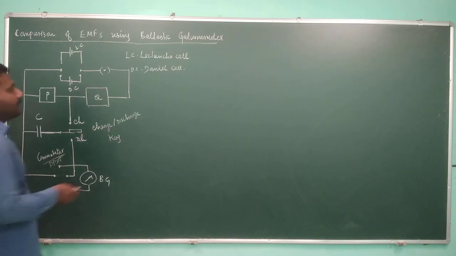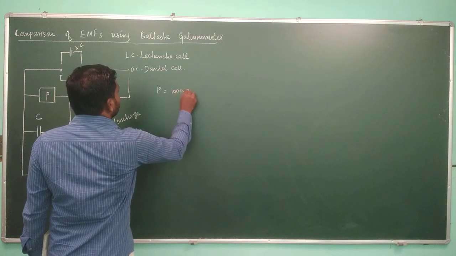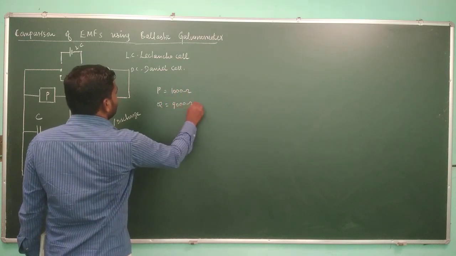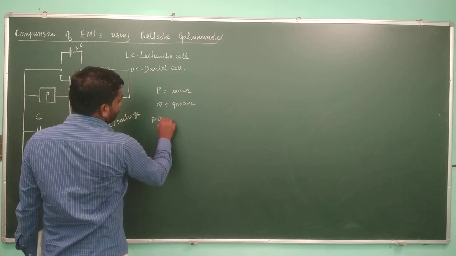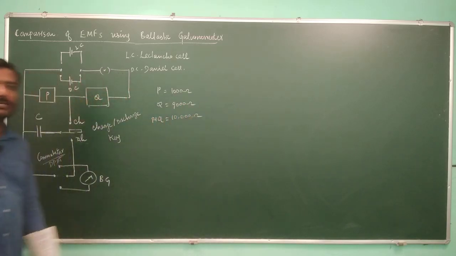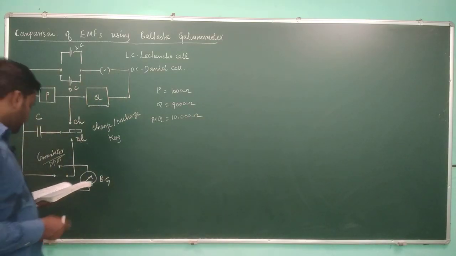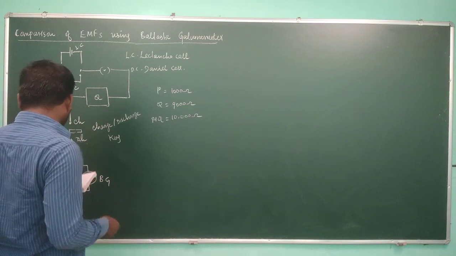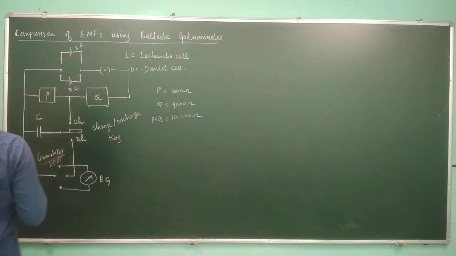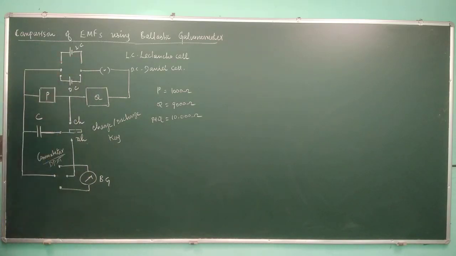Fine. Now what is the case? We have to fix P equal to 1000 ohms, Q equal to 9000 ohms, so that P plus Q is equal to 10,000 ohms. This is our initial assumption. After assuming this, we first connect the Leclanché cell.